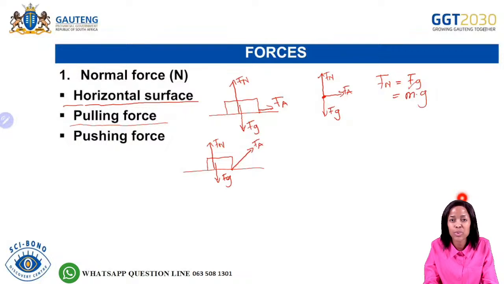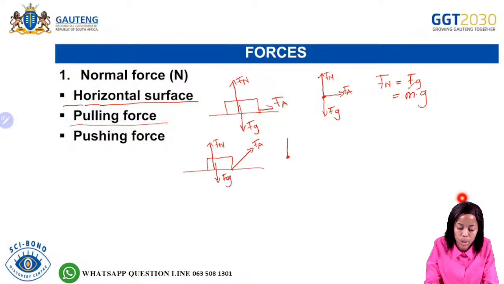With the free body diagram, you are going to use a dot, and going up you have your Fn, going down you have your gravitational force, and to the right you have your applied force.